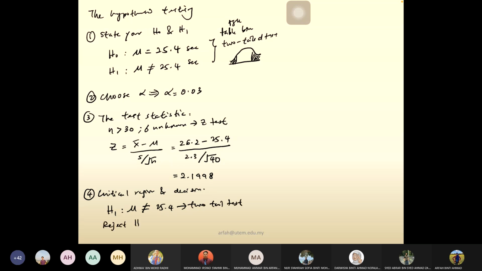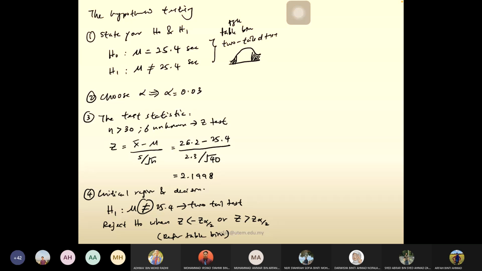Reject H null when Z less than negative Z alpha over 2 or Z greater than Z alpha over 2. Okay. Yang ini daripada refer table biru. Okay. Yang ada tanda H1 non-equal sign.